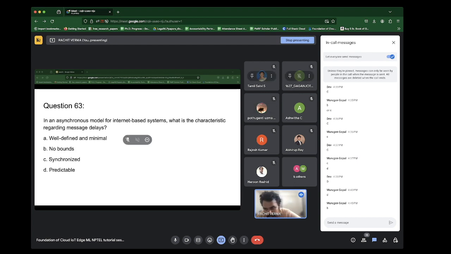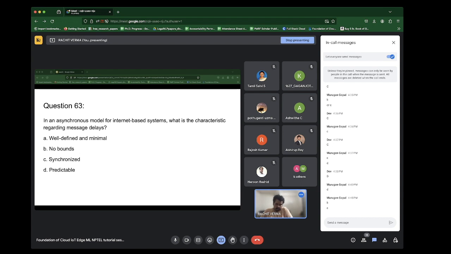In an asynchronous model for internet-based systems, what is the characteristic regarding message delays? Asynchronous, keep this in mind. Well-defined and minimal, no bounds, synchronized and predictable. Are they following some protocol like NTP, something that was taught?